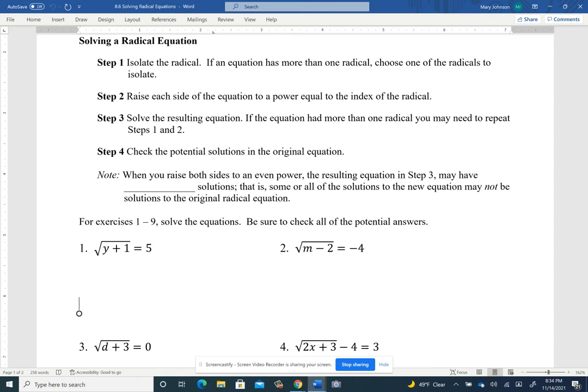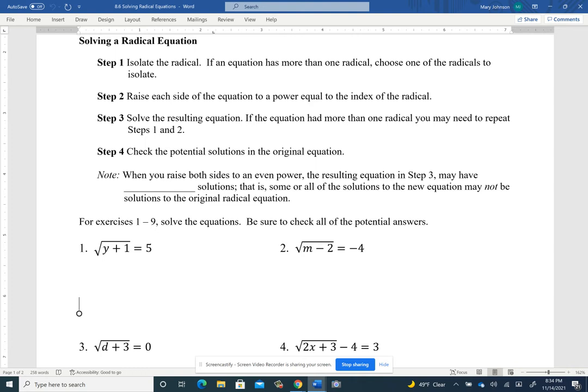All right, and then you'll get an equation. Sometimes the equation will be linear, but it could be quadratic, and you solve it using whatever technique is necessary. Sometimes there's complicated ones where you have more than one radical, so you have a lot of extra work to do.